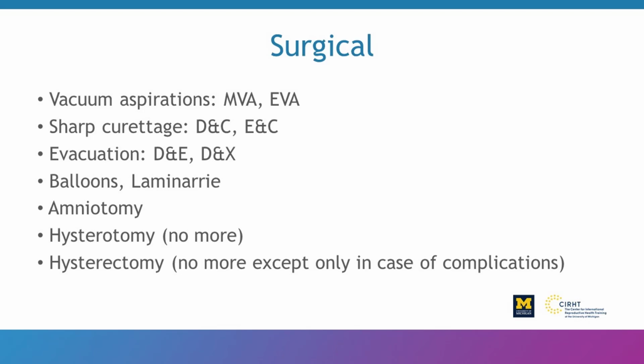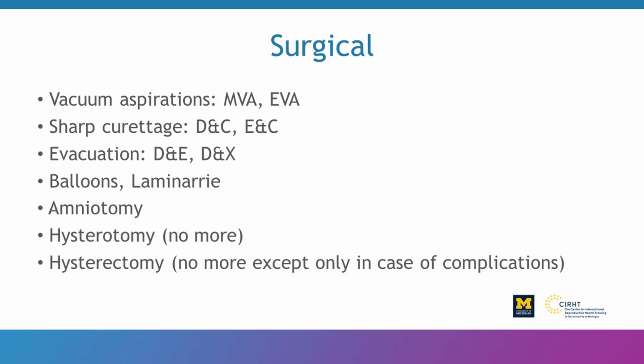But of all these methods, it is manual vacuum aspiration and the surgical D&E, which we do for second trimester abortions, that are considered appropriate methods of termination of pregnancy.